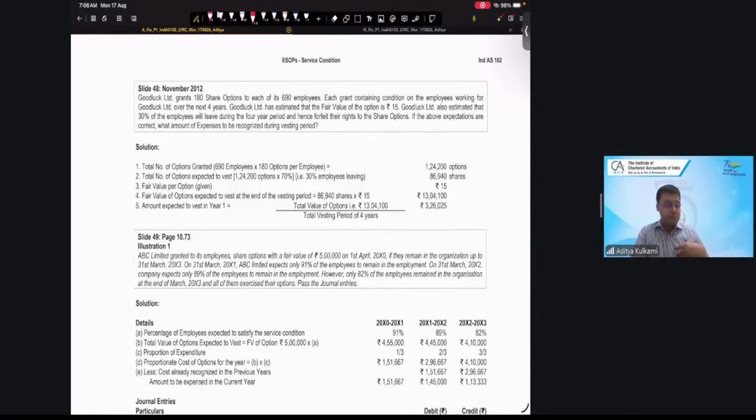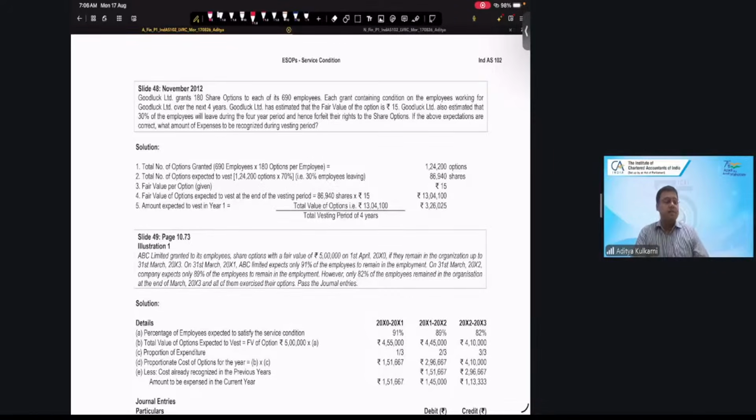So you have to finalize all the terms, receive all approvals, including shareholders' approvals wherever required, and the share-based payment plan is communicated to the employees accordingly. That becomes your grant date when you grant the options.